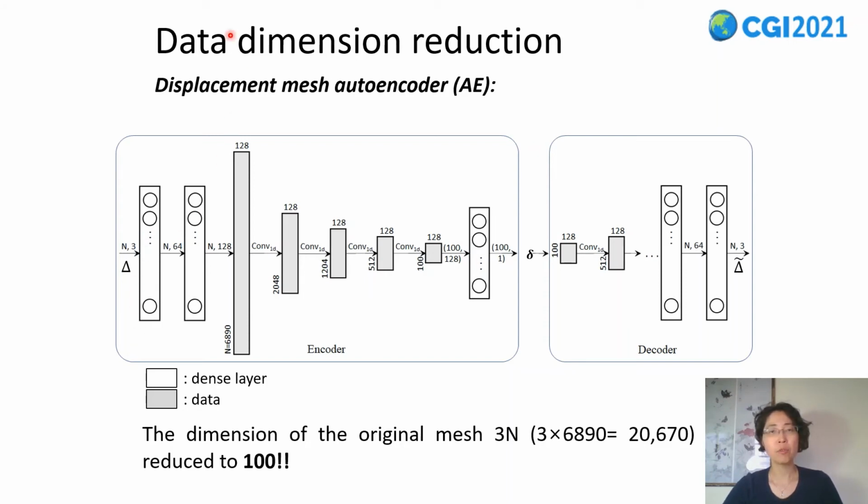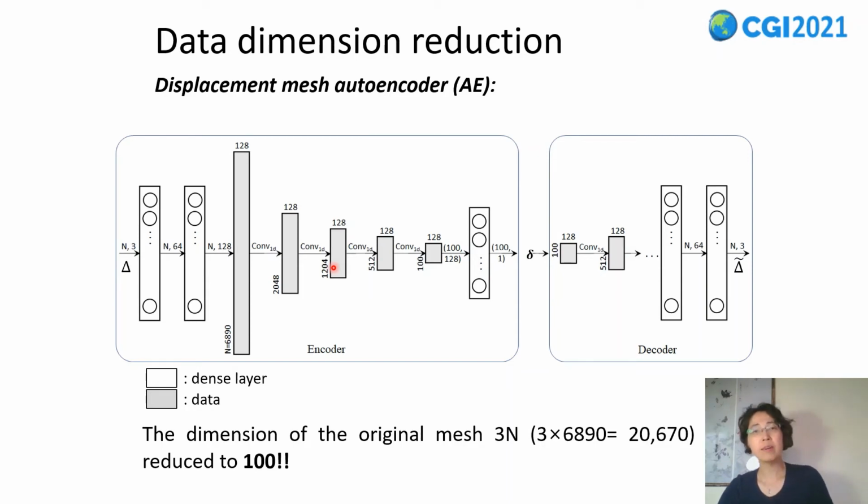The first 2 fully connected layers gradually increase the feature description of each vertex from 3 to 64 and 128. The subsequent CNN layers output lower resolution representations of the displacement mesh while keeping the feature dimension.